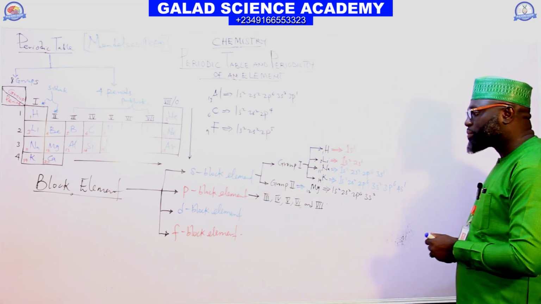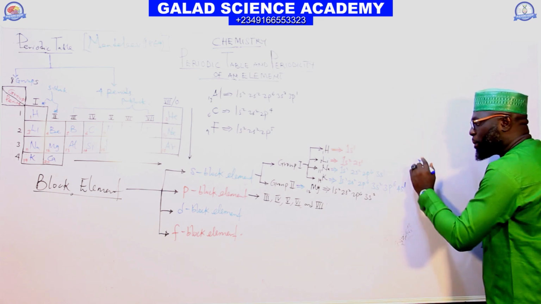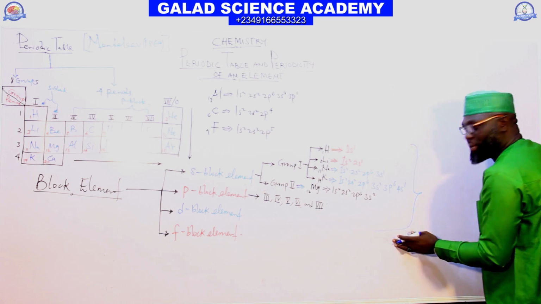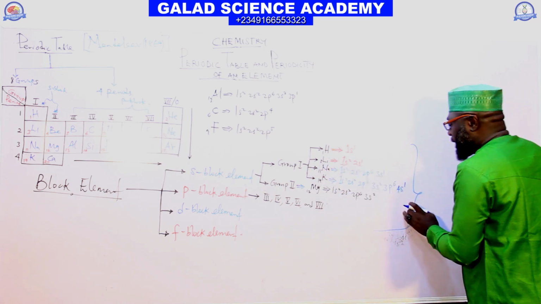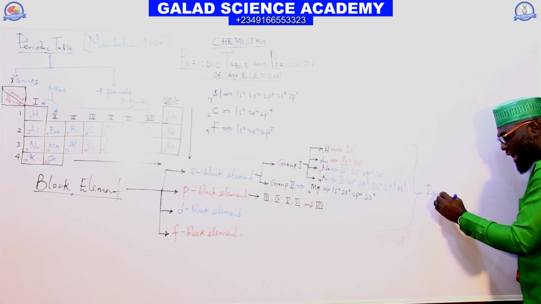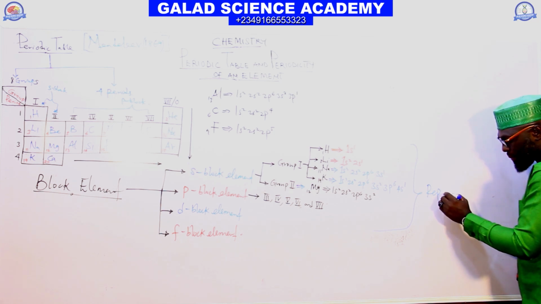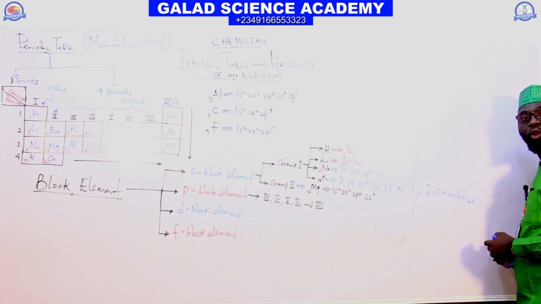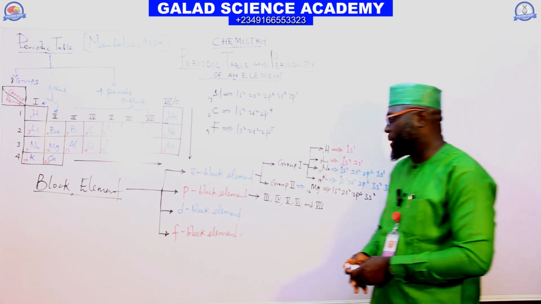And again, the combination of S block elements and P block elements, both of them are called representative elements.